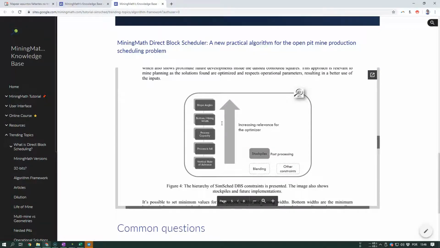I believe surface constraints at this point are here in second place, because they are the constraints that allow the mine engineer, the mine planner, to impose their knowledge on the algorithm. So they are very important in terms of their value in the hierarchy of constraints.